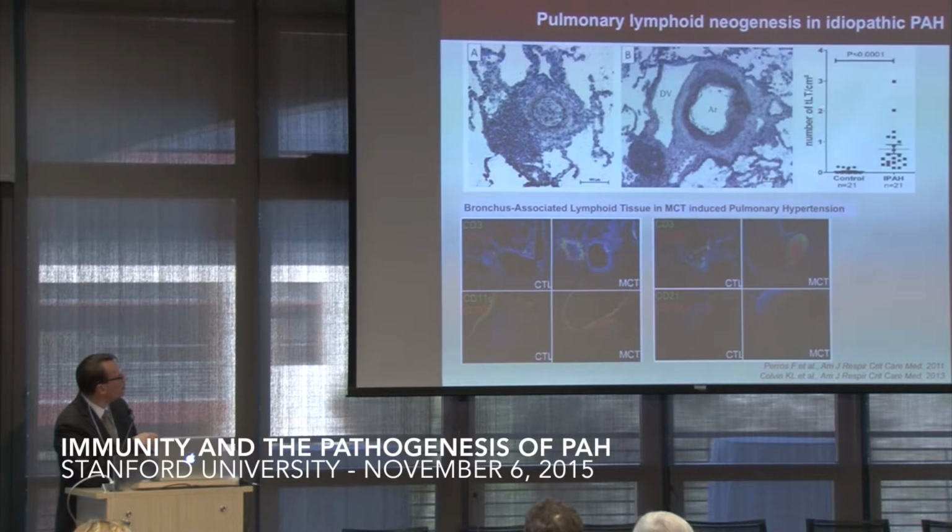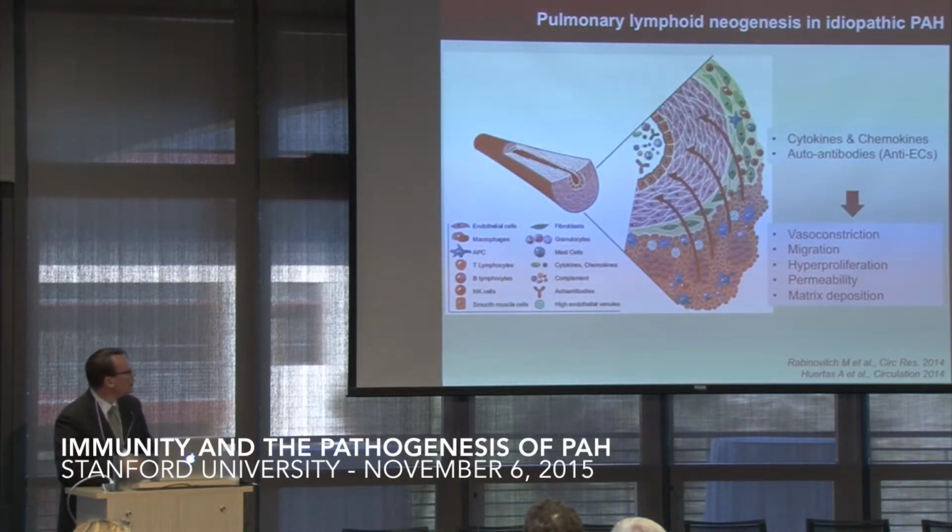And this is the number of tertiary lymphoid tissues in controls and in IPH in a pathology study published by Frédéric Perrault. So what is certainly important is that this pulmonary lymphoid neogenesis could be the source of cytokine and chemokine production, at least locally, but also the source of immune response, including autoimmune response.